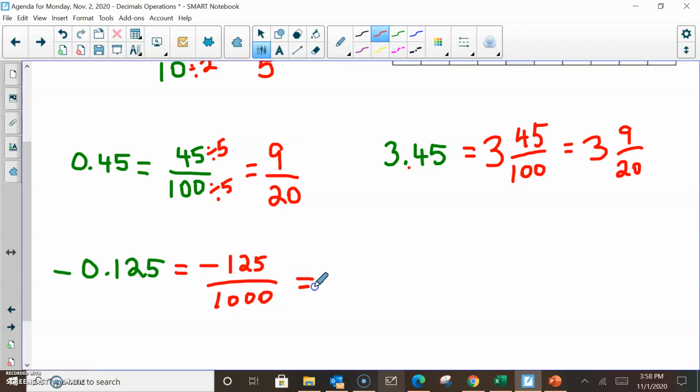Again, we look to see if we can reduce that fraction, and we can try 5, we can try 25. Actually, 125 would go into both numbers. So 125 for the numerator and for the denominator. We divide. So the resulting fraction would be negative 1 over 8. Negative 1/8.